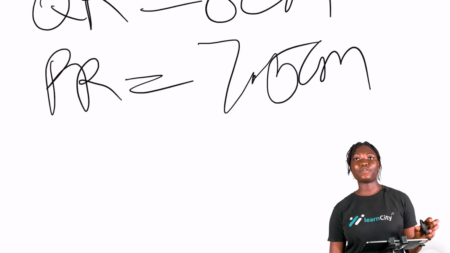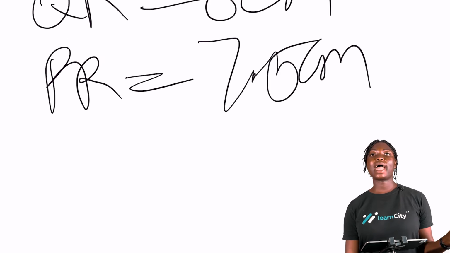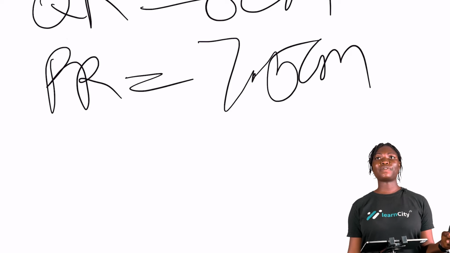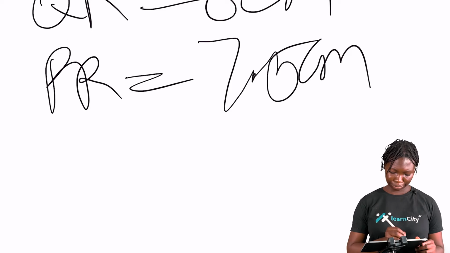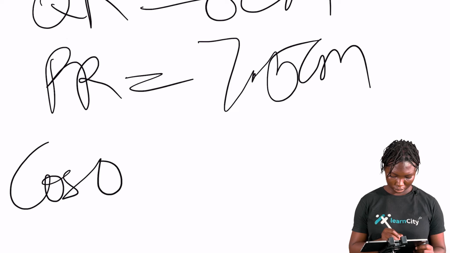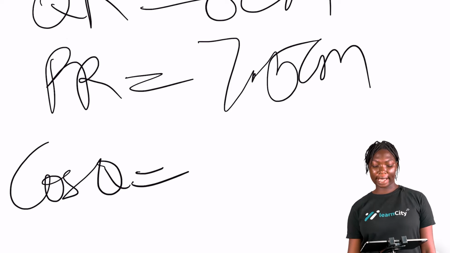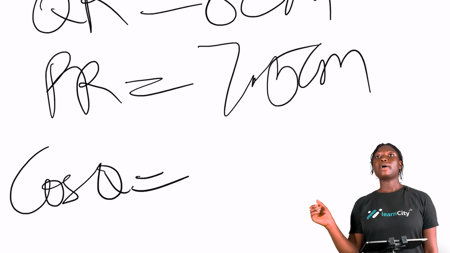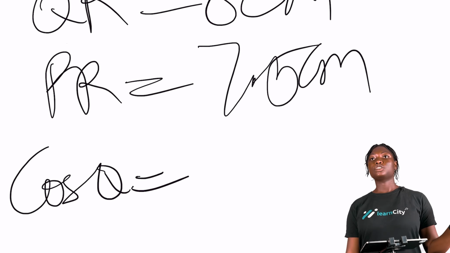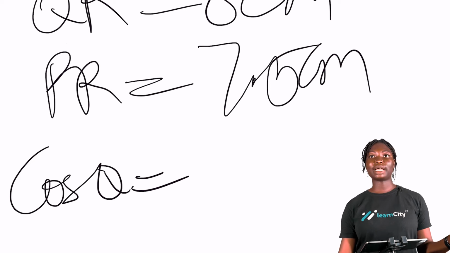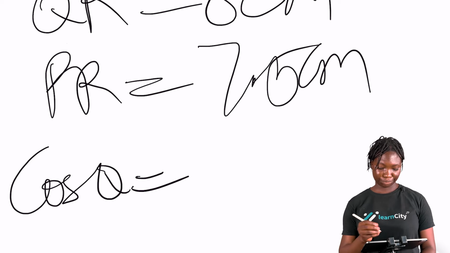Now, what is the first thing to do to find our PSR? We need to find our cos Q. Our cos Q will be 8 squared plus 7 squared minus 7.5 squared over 2 times 8 times 7.